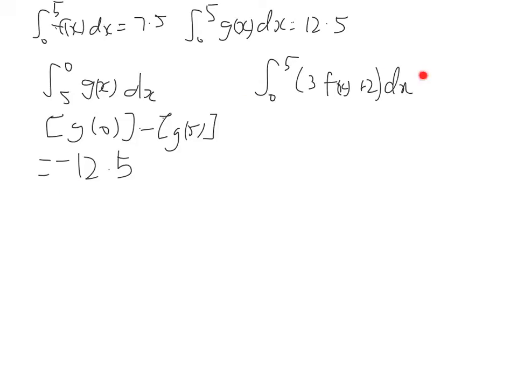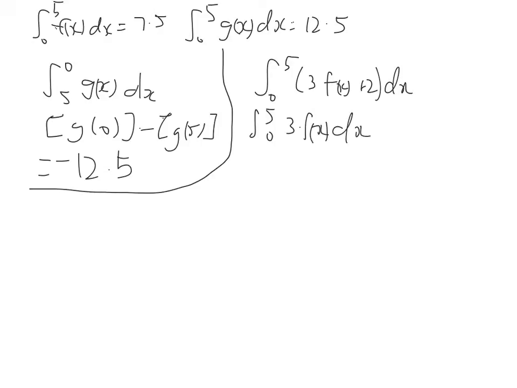Okay, now for the next one, a little bit more complicated. We've got 5 and 0, and it's 3 times f of x plus 2. So what we do, we can break this up. Let me just separate this a little bit. So we can say we're going from 5 to 0 of 3f(x) with respect to dx plus 5 and 0 of 2 with respect to dx.